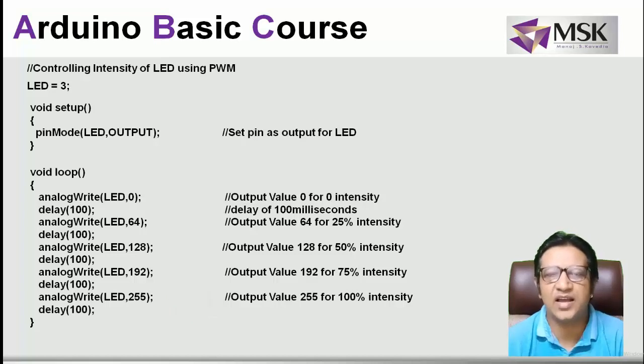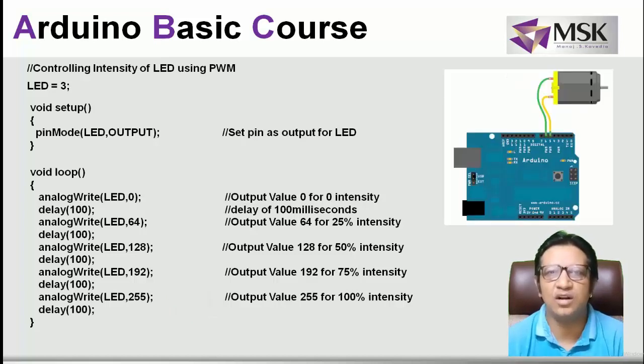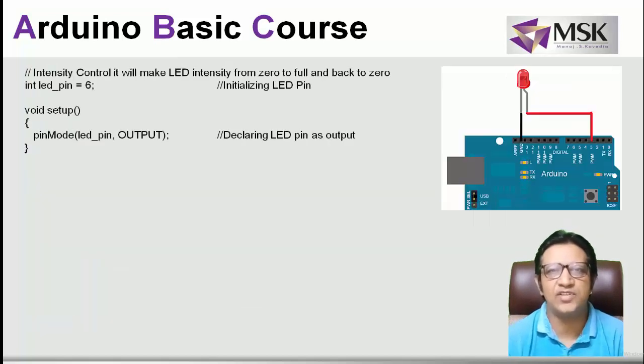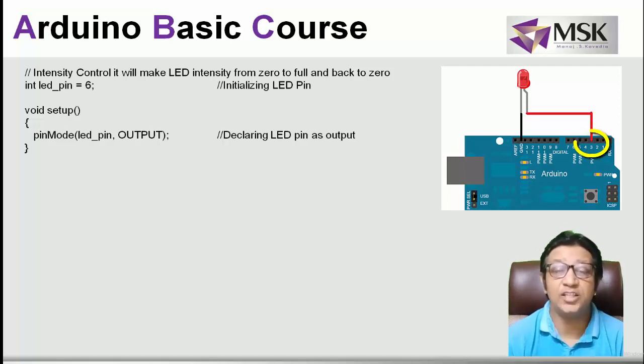In the same way, if I connect a motor, this motor will be controlled at the respective speeds of 0, 25, 50, 75 and 100%. This is another code in which I have controlled the intensity from 0 to maximum and maximum back to 0, but with very smooth control.